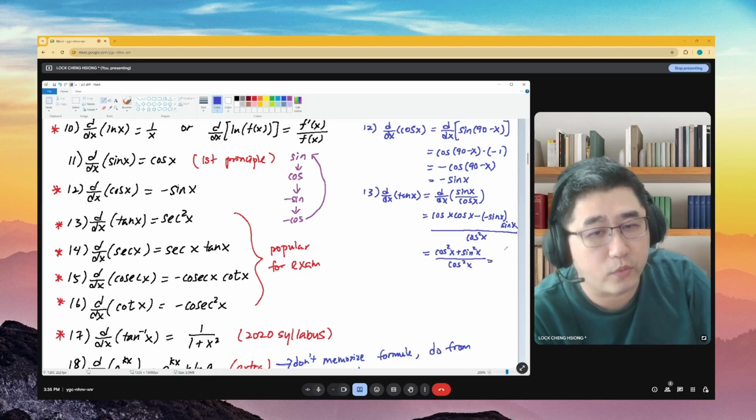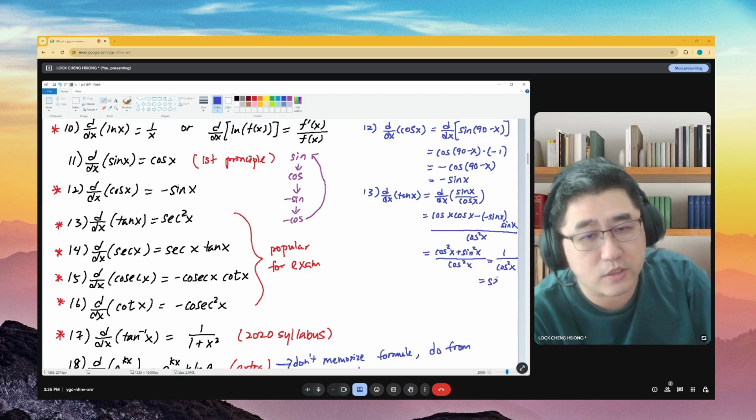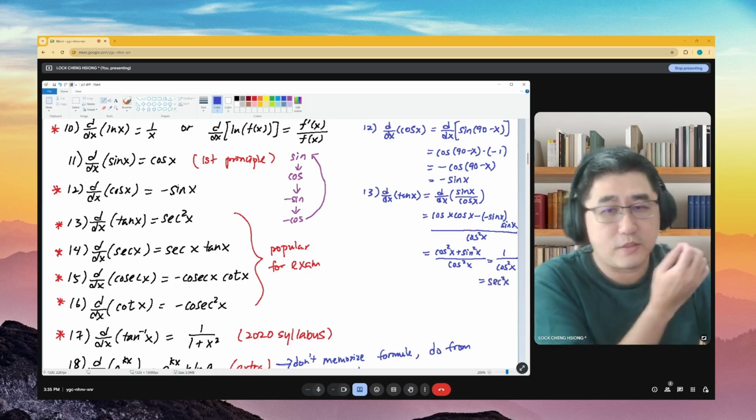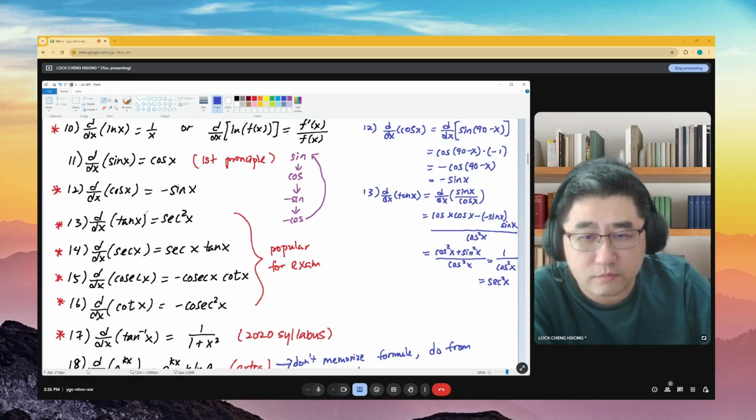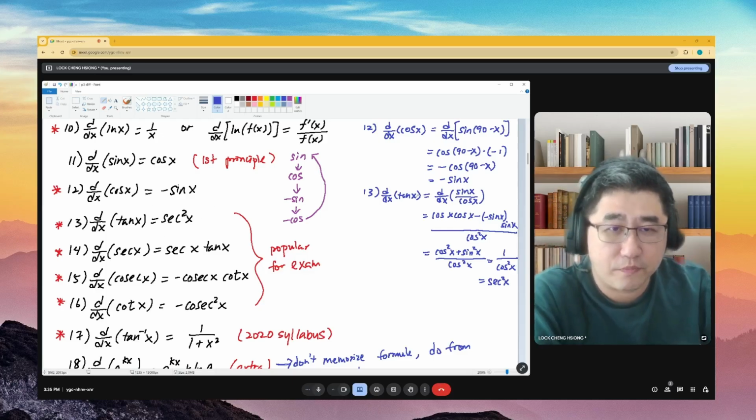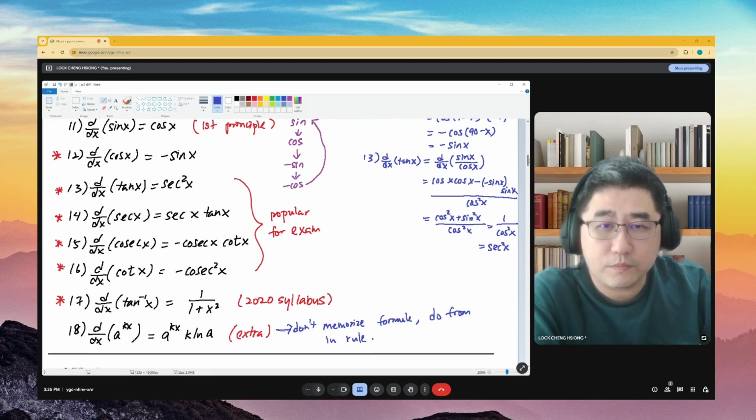That actually gives you 1 over cos squared x, which is secant squared x. So you'll get secant squared x.